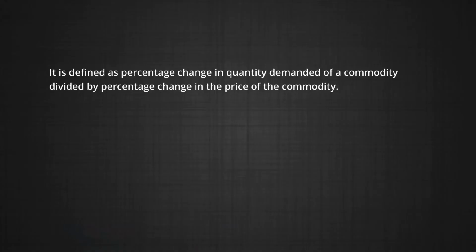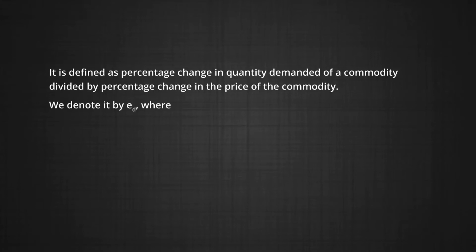We introduced here price elasticity of demand as a formal measure of responsiveness of demand to price changes. It is defined as a percentage change in the quantity demanded of a commodity divided by the percentage change in the price of the commodity.